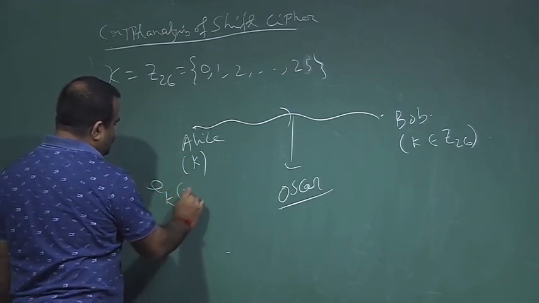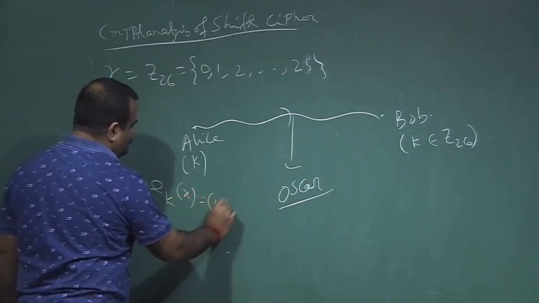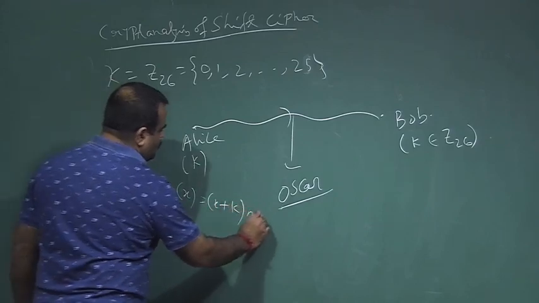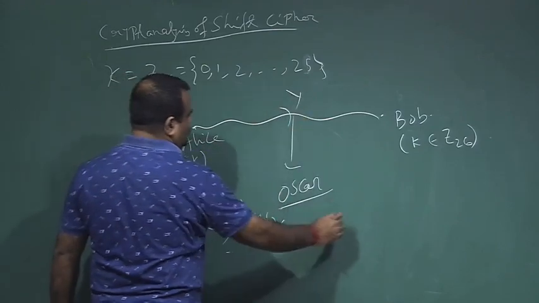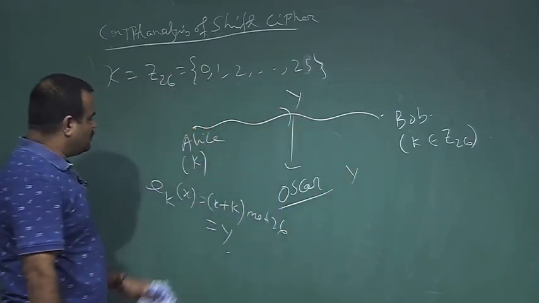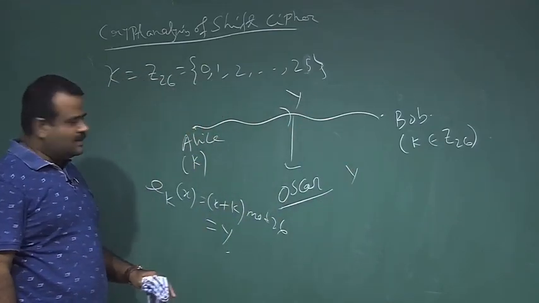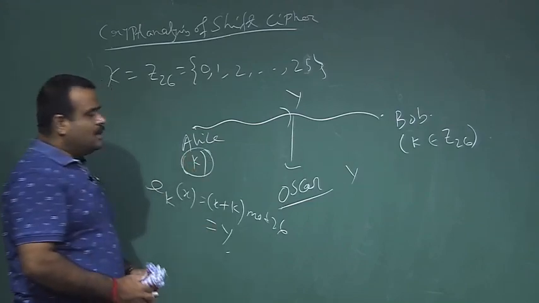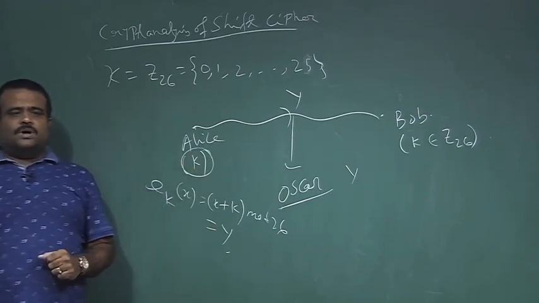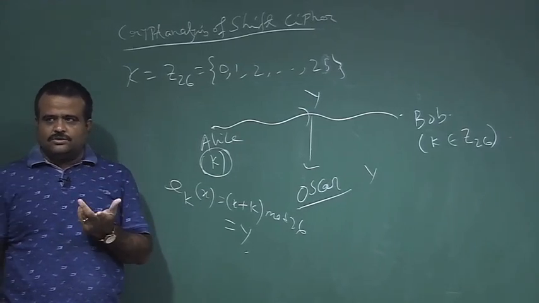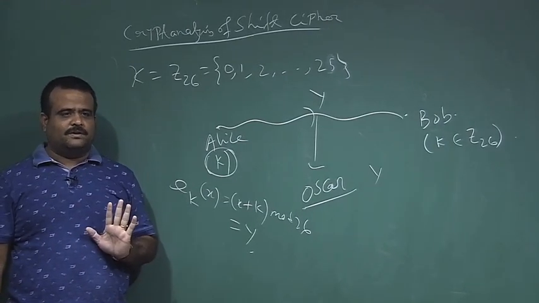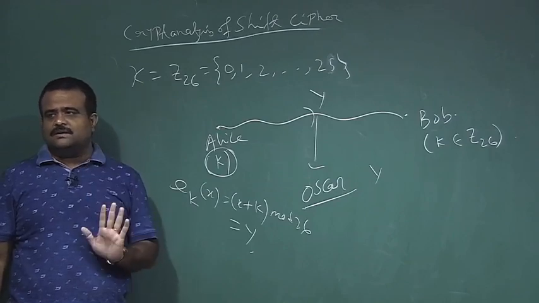So, Oscar knows that this plain text was encrypted this way mod 26 and this is the y. So, Oscar is getting y. So, the only thing Oscar is not knowing is the secret key. Oscar does not know what is the value of k, but Oscar knows that they have used shift cipher. This encryption algorithm must be public.